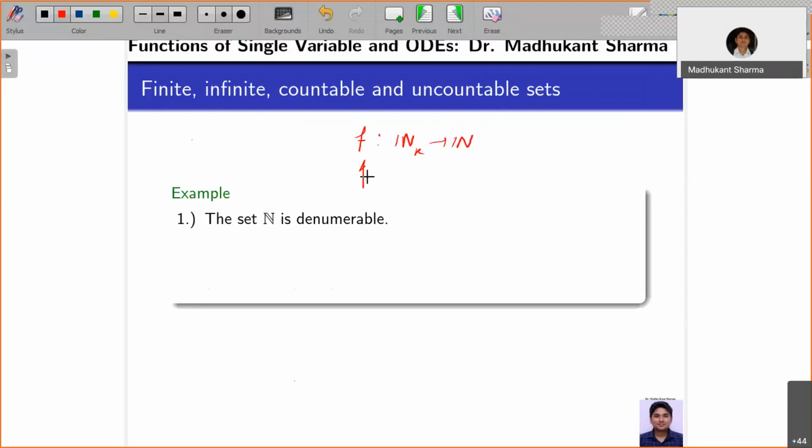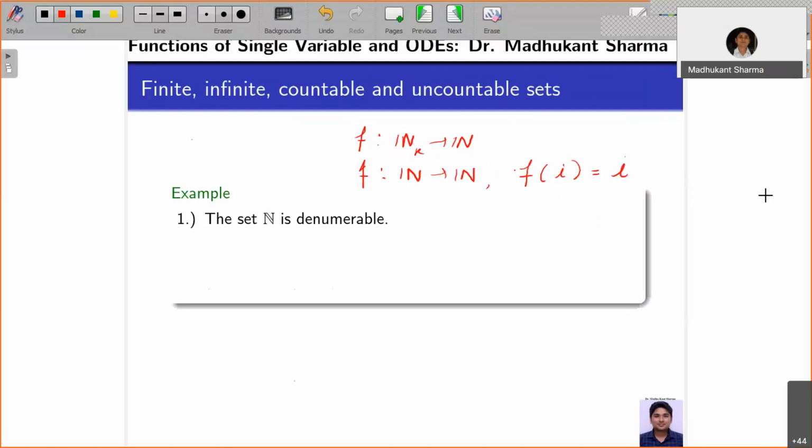Now for f from N to N, you need to show that this is a bijection, meaning you are able to find a map. For this problem, the bijection is very simple. You can go with the identity function, f of i is equal to i.